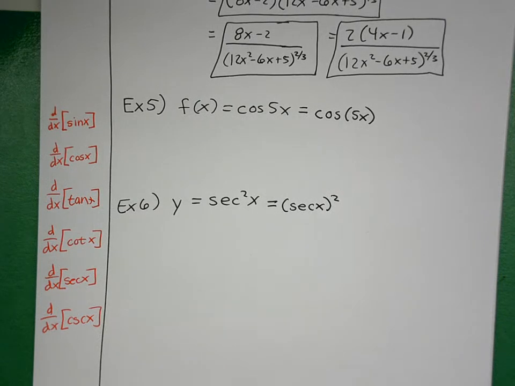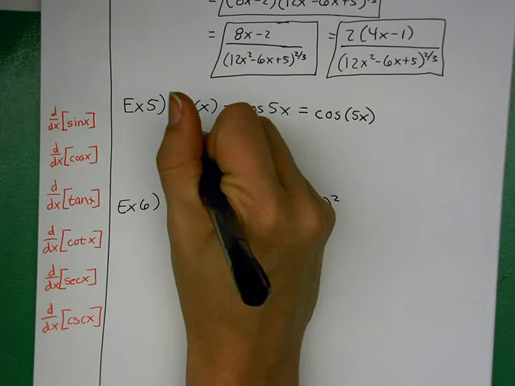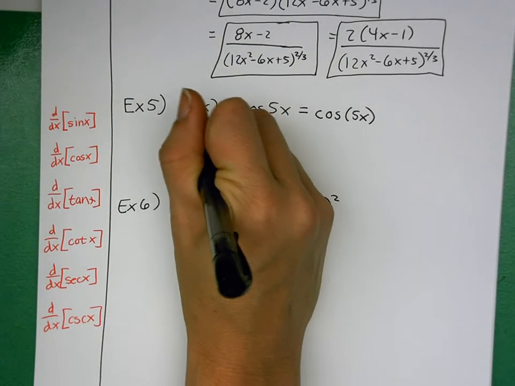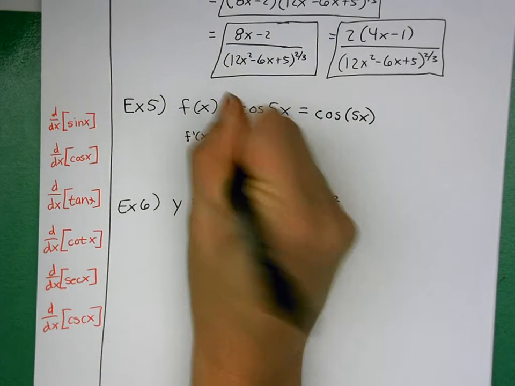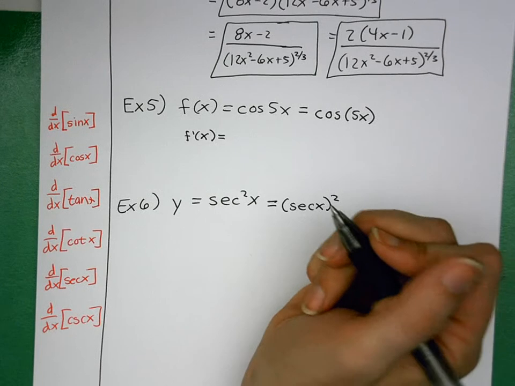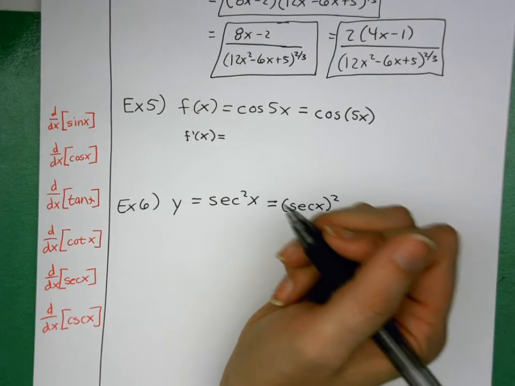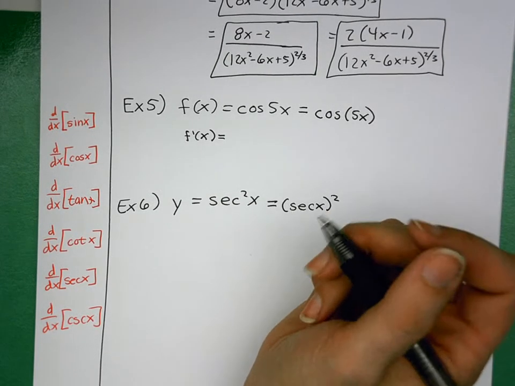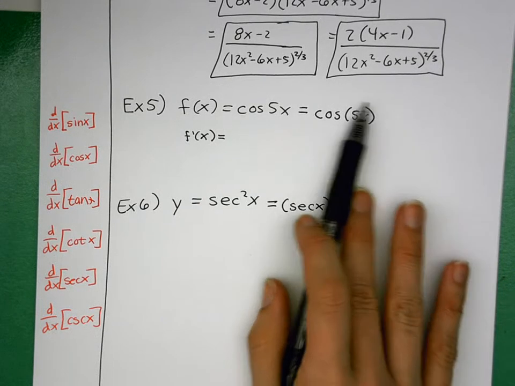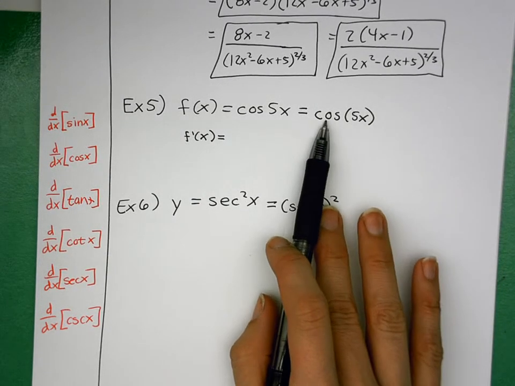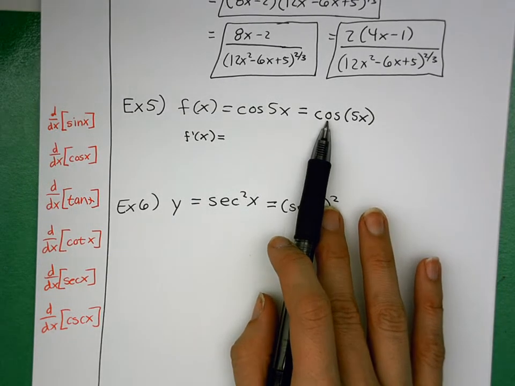Because at this point, chain rule is exactly what we have been practicing, which is the derivative of the outside, leave the guts alone, the g of x stays g of x, and then we multiply by the derivative of those guts. And so in example 5 here, my outside function is the cosine.